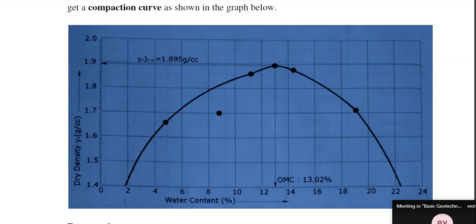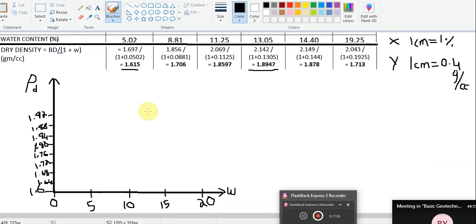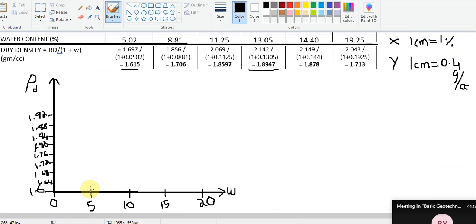In this case, for 5%, this is 5.02. We can take approximately 5. So for 5, it is 1.615. So it is nearer to here, 1.61.